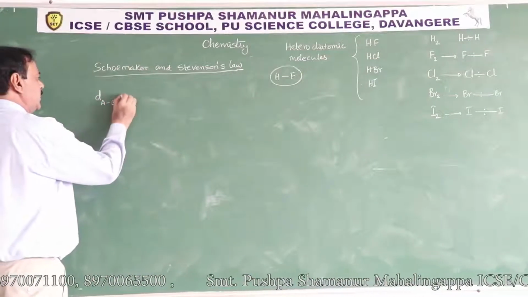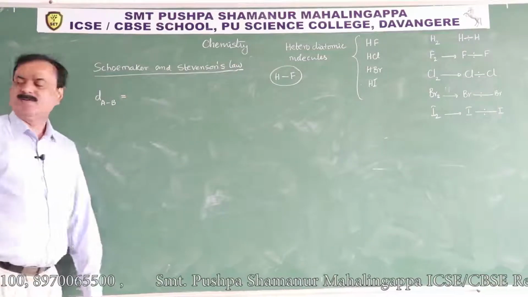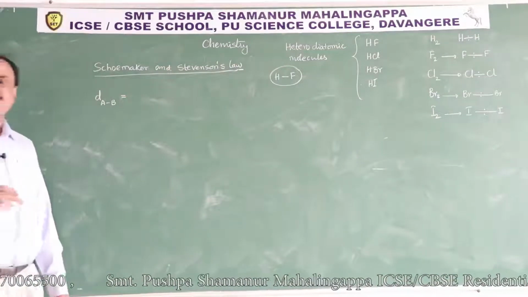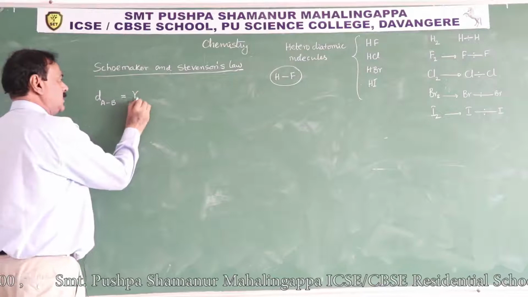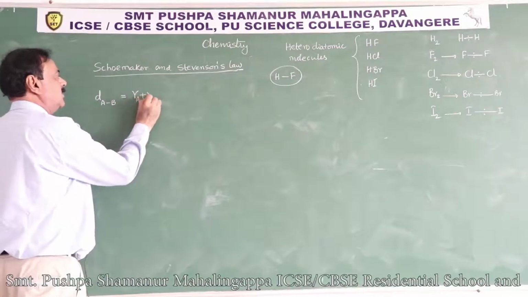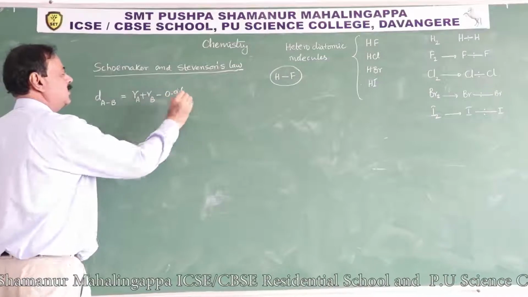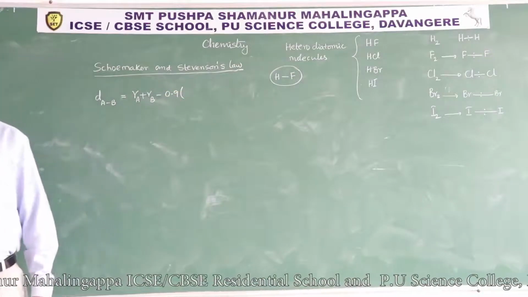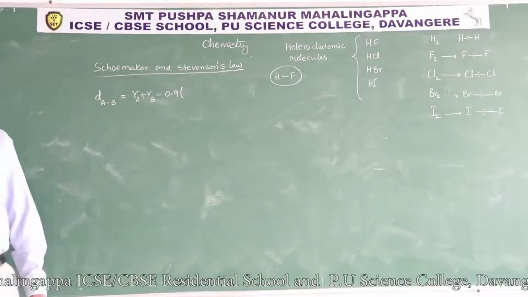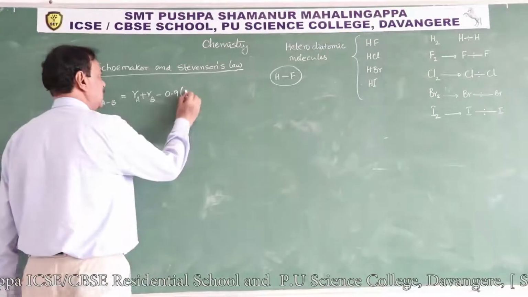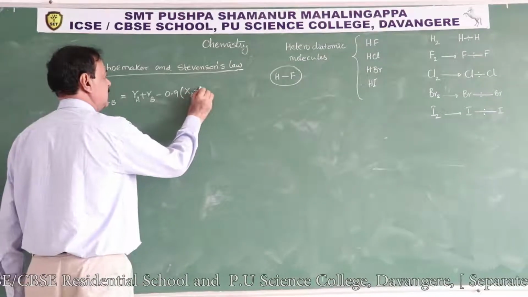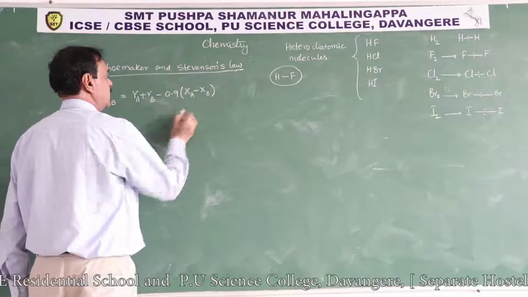The distance between A and B is given by d(AB) = RA + RB - 0.9 into (XA - XB).